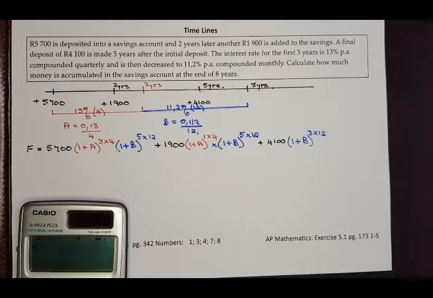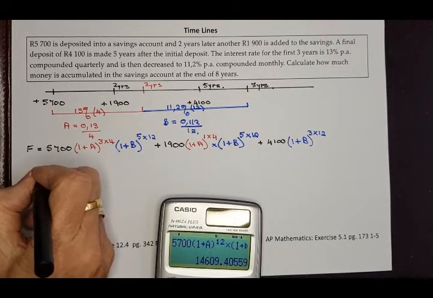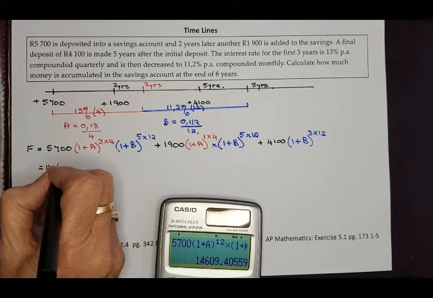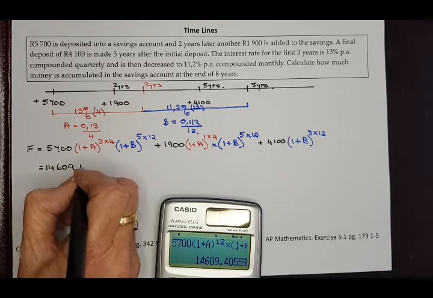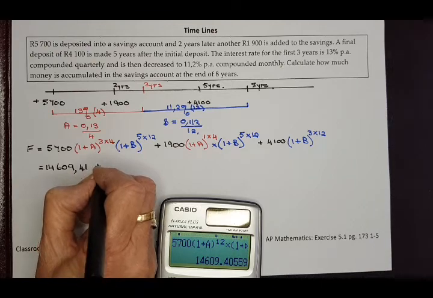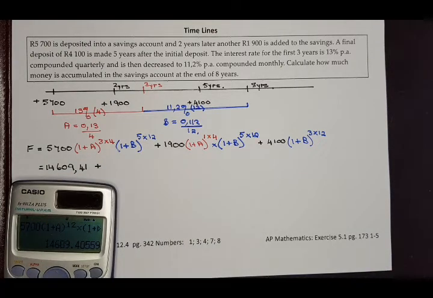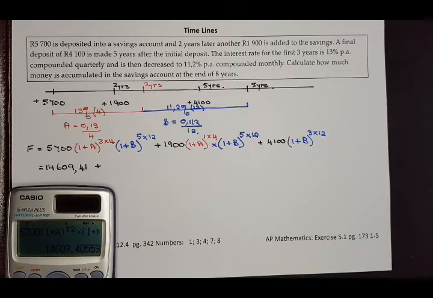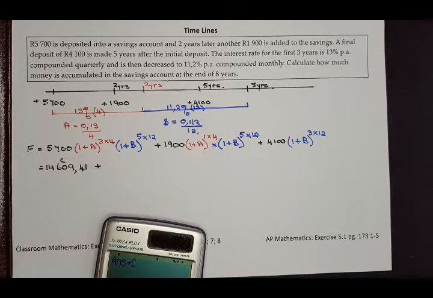And I'm going to fill in that answer. So we get 14,609.41. I'm going to store that in memory C just so that I don't have to type it in again. Shift, store, C.